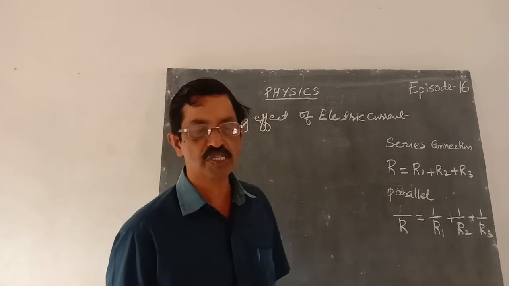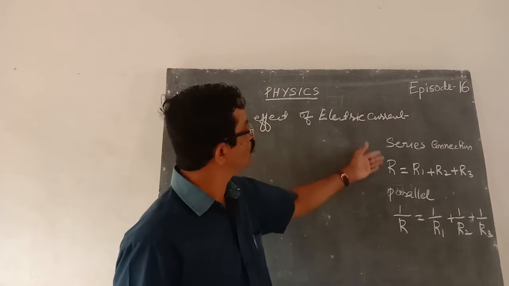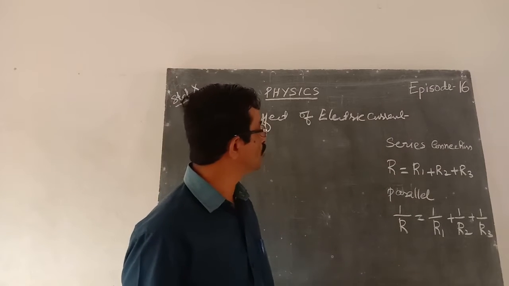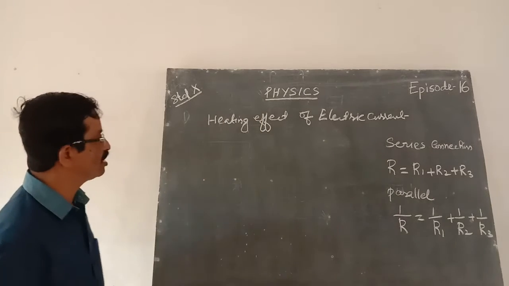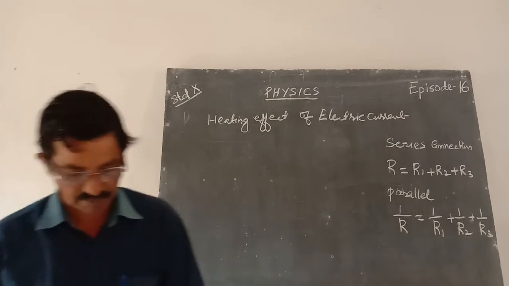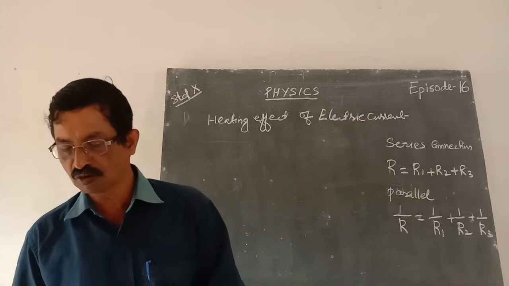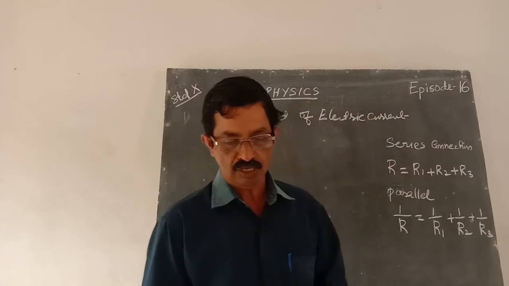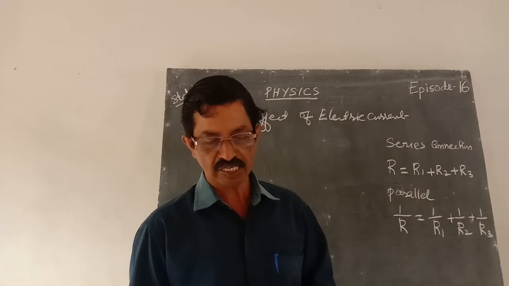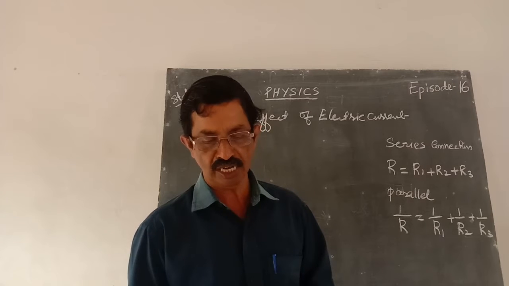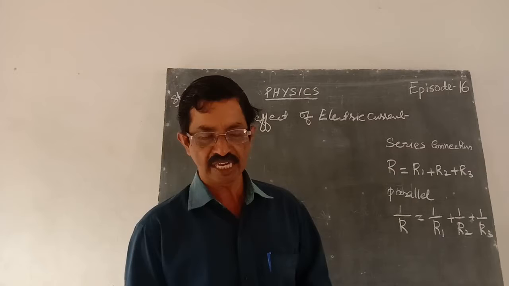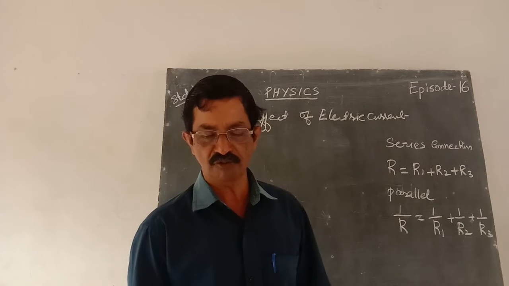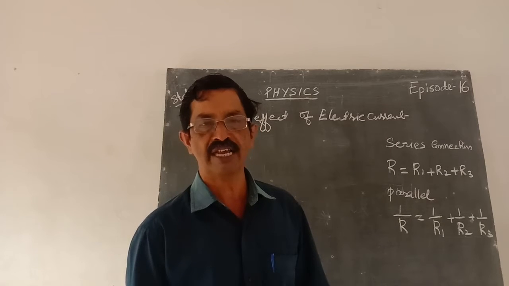connected in the circuit. With these two relations we want to solve some problems given in our text. Among that, the first one: find the equivalent resistance when the following are connected in parallel.